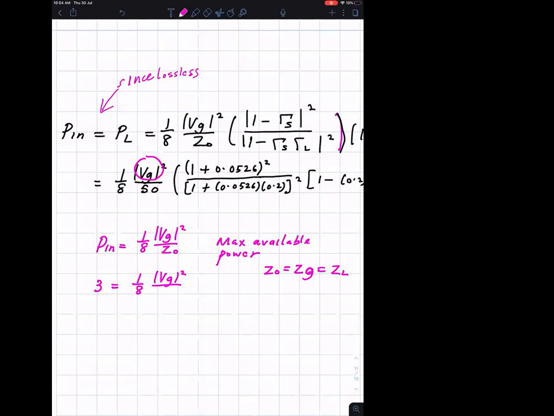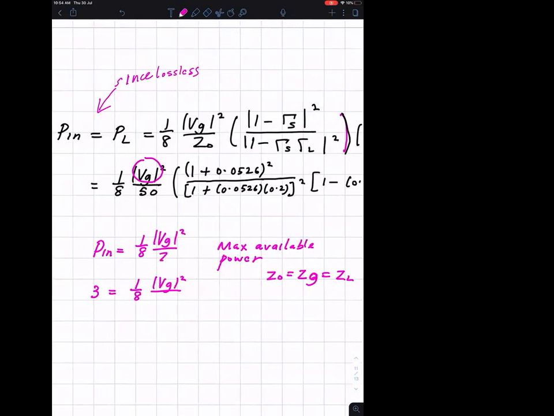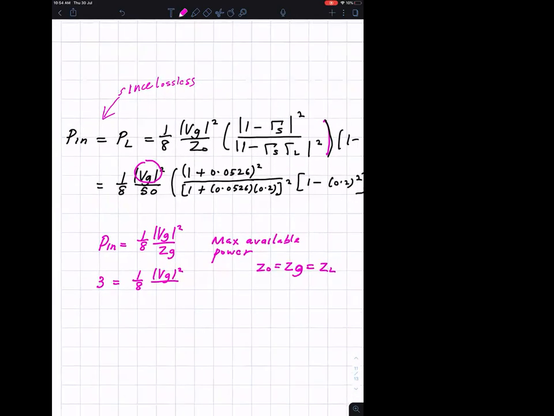So Z naught is also ZG. I forgot to put, this is ZG. So ZG is 45, right?